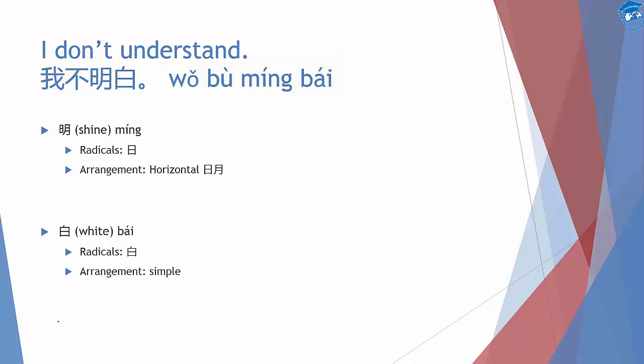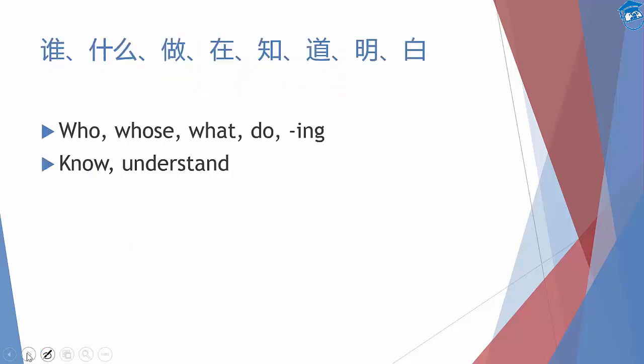So that's the end of the lesson, and here is just a recap of what Chinese characters you have learned in this lesson. If you have done the revision properly, you should know what each individual character means, and you will know how to speak these English words in Chinese.